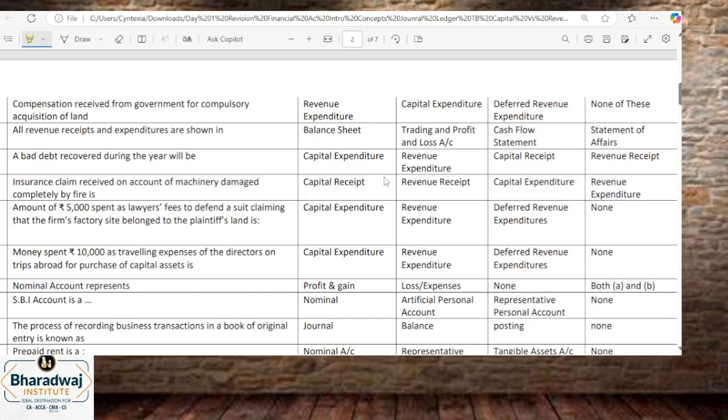Try to work out all the line items, then we'll see.